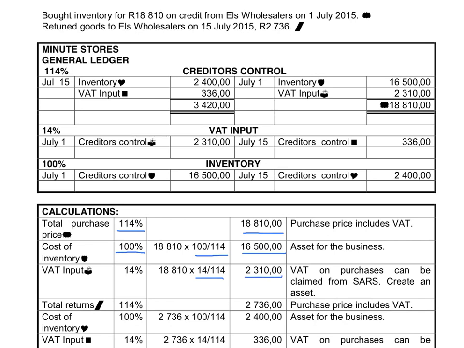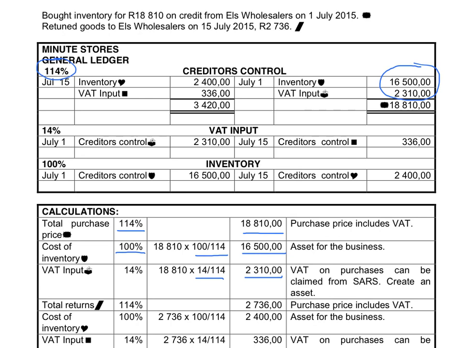2,310. This 2,310 will not form part of the cost price of the inventory because this money can be claimed back from SARS. So when we record this in the ledger, we will credit our creditors control with the total amount that's owed to the creditors, and this will then be a 114% account because it includes the cost price plus the VAT.